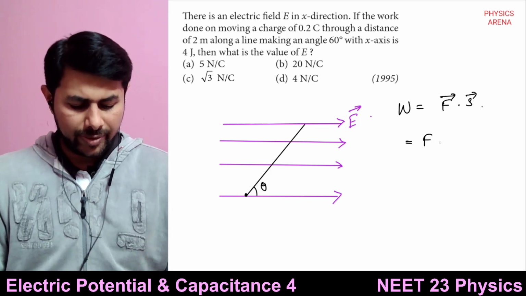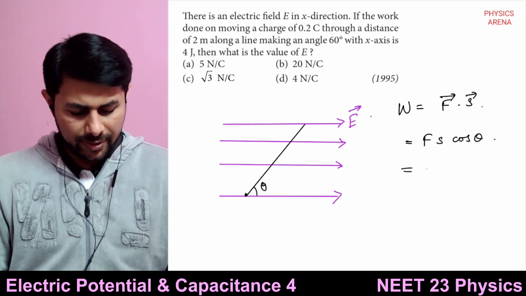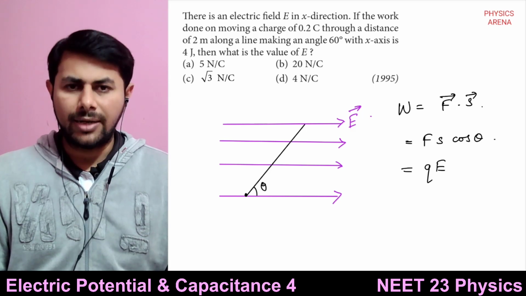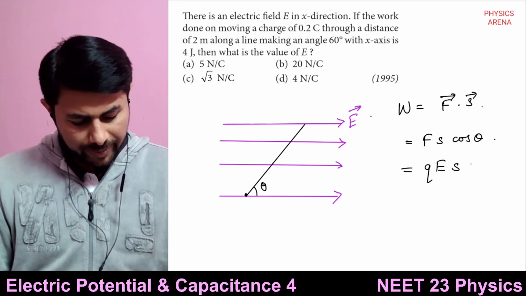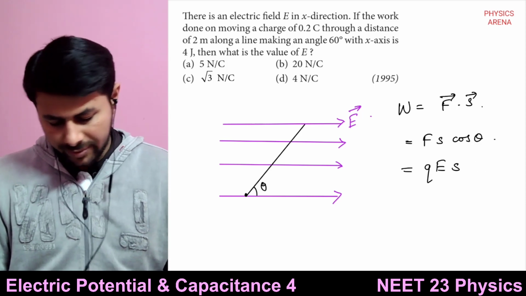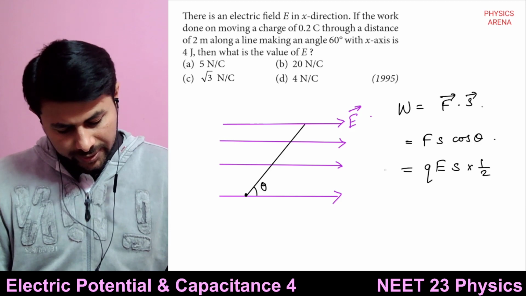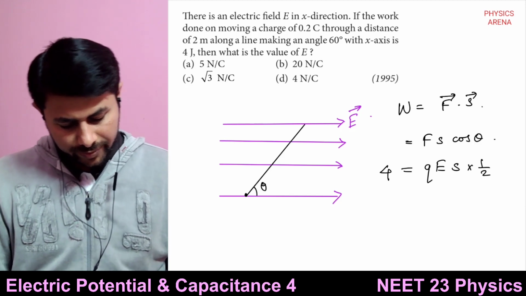So it is F multiplied by S multiplied by cos of theta. And what is force? It is Q times E multiplied by S multiplied by cos of 60. What is cos 60? It's 1 by 2. And work done is 4 joules.